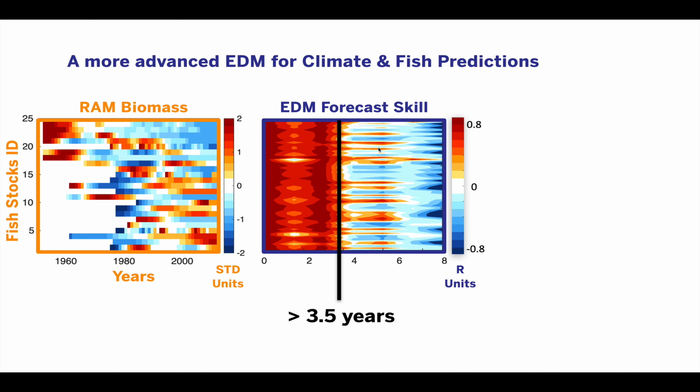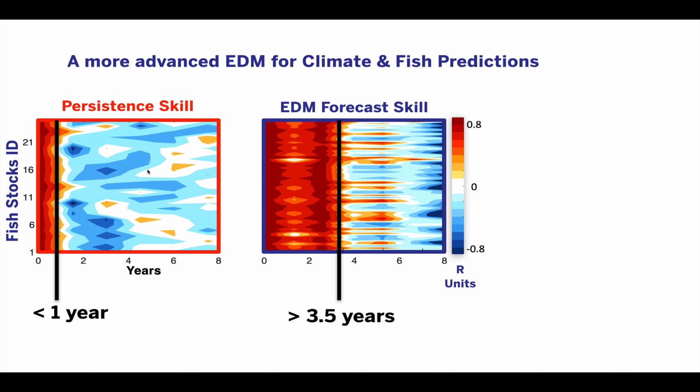We can now compare the skill of the EDM with the skill associated with persistence. That is the skill associated with guessing that the fish stock tomorrow is going to be what it is today. The persistence skill is shown on the left panel here and exhibits high skill up to 1 year. The persistence skill is a preliminary measure of the autocorrelation in the data.